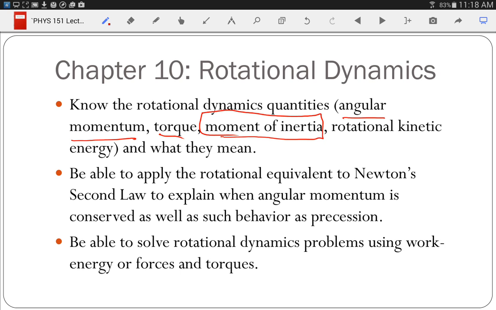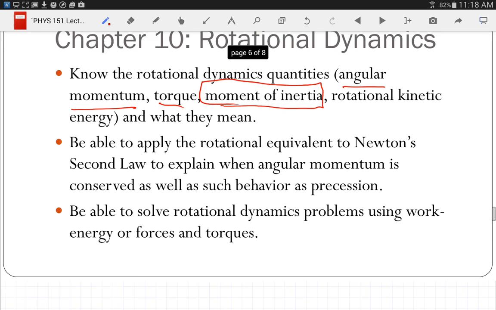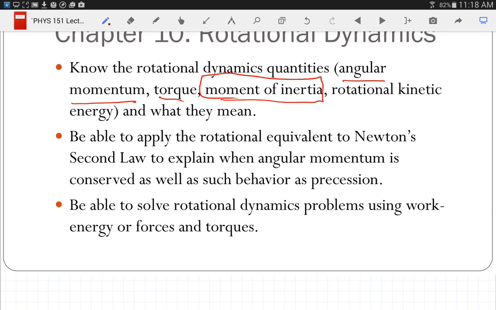Mass. And the rotational kinetic energy. So you need to be familiar with those. And then you have that rotational equivalent of Newton's second law. The net torque is equal to I alpha, which is equal to the change in angular momentum divided by change in time. So you should be able to use that.